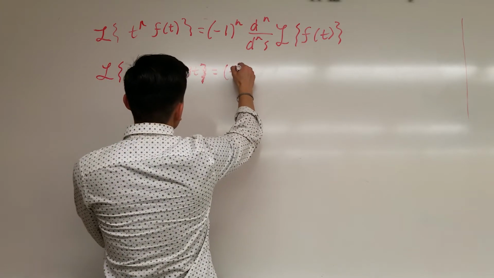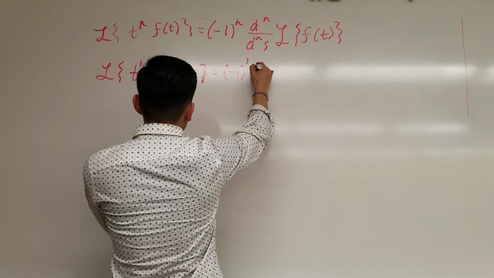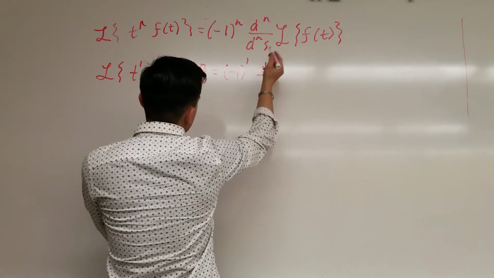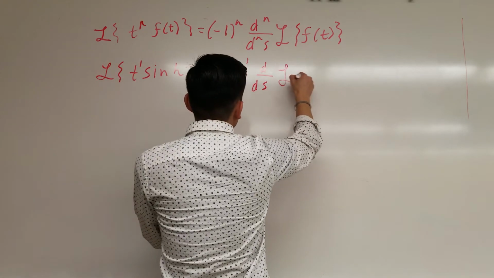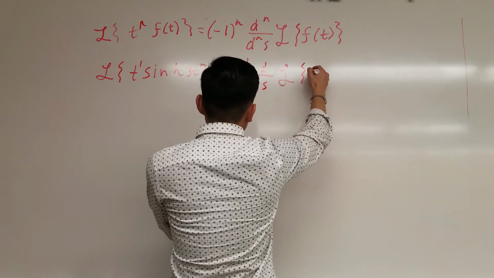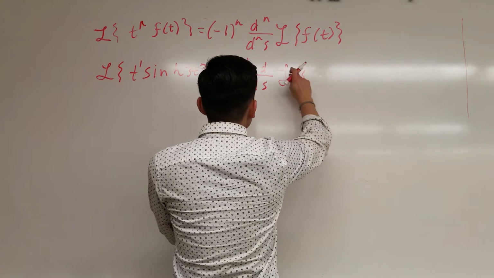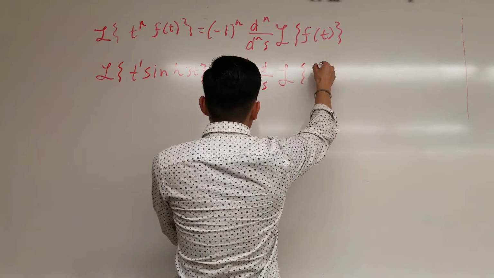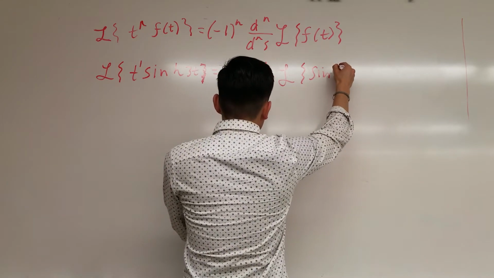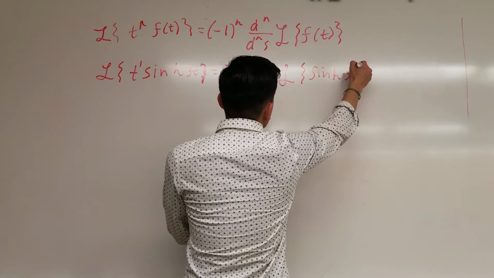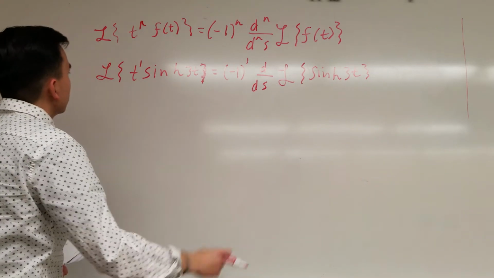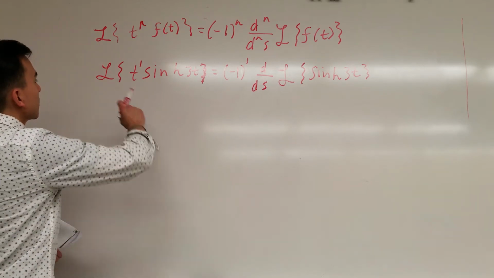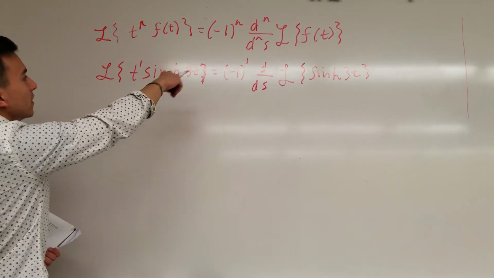So that's going to be negative 1 to the power 1, the first derivative, right? Of the Laplace of sinh 3t. Okay, so all we did was plug all our information into that theorem.